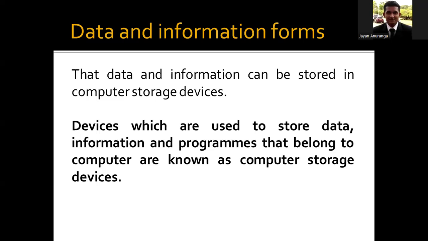Likewise, there are many storage devices used to store data or information of a computer. Devices which are used to store data, information, programs that belong to a computer are known as computer storage devices.